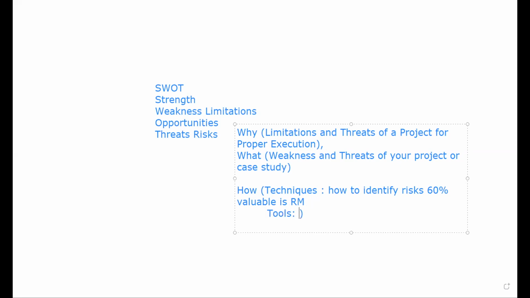Tools are for managing and handling the risks. Okay, so the 4 tools you will identify, using SWOT analysis, to manage and handle the risk. So if you understand why, what, and how, you will limit yourself to the theory and not go endless.